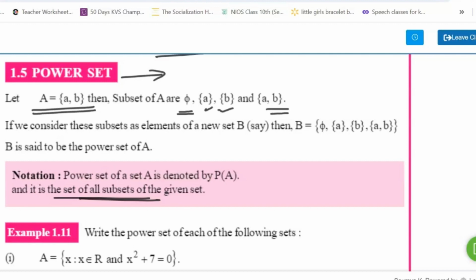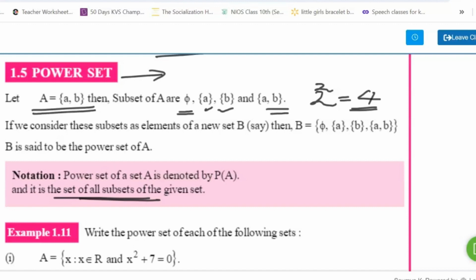So four subsets are possible for this particular set A. Why is it 4? Because 2 raised to 2 elements is 4. So you will have 4 elements as the subsets. Now the set of all these subsets is known as the power set.